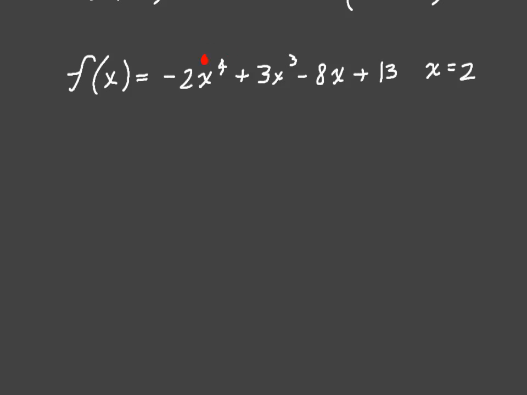The highest power, the degree, is 4, so remember this is a quartic polynomial, and our leading coefficient is negative, so that tells us something about the end behavior. Remember, we learned that this is going to act just like a quadratic would because it has an even exponent and a negative leading coefficient.